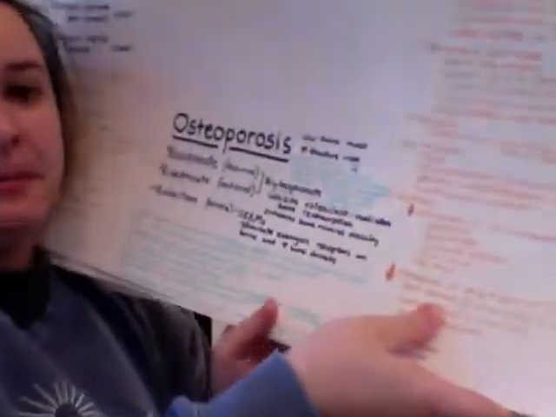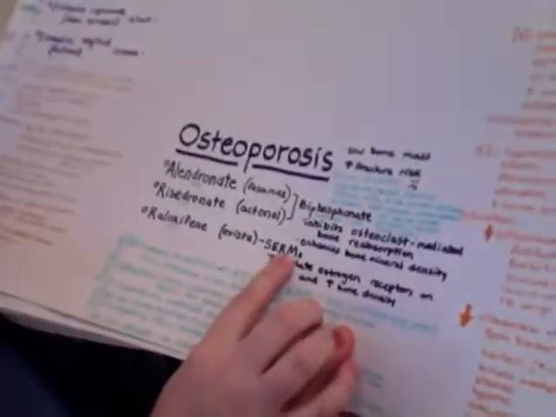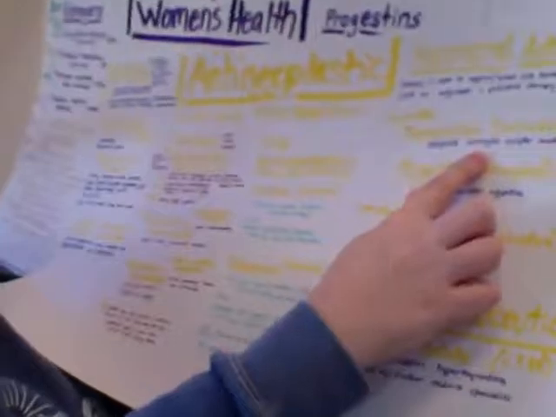Do you remember talking about SERMs earlier with osteoporosis? Because I sure do. Let me get my notes. See, look, we're flipping back in time. SERM: selective estrogen receptor modulator.